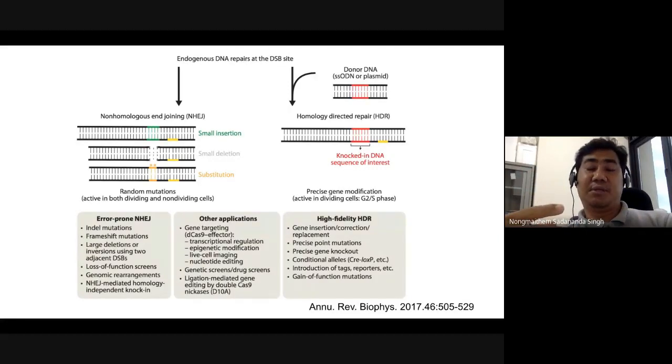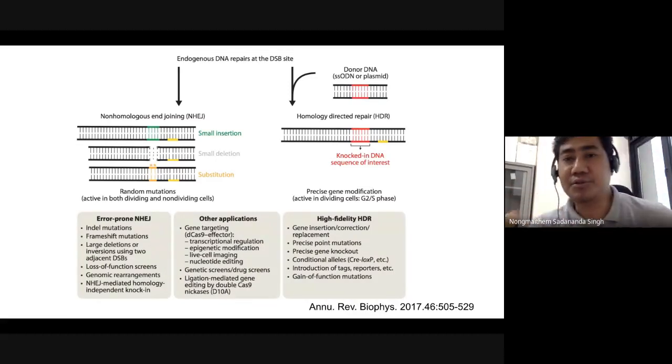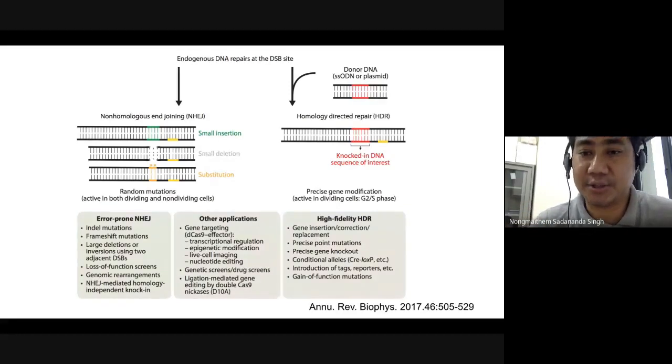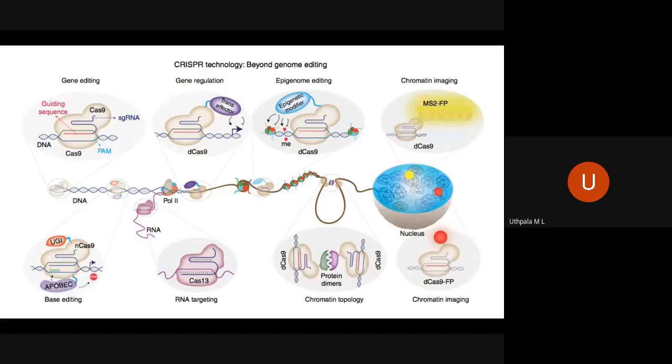Now, because of this premature stop codon, in mammalian systems generally those RNAs are defective and there is a system to check it, so it degrades the RNA. It's more like knocking out a gene. So you can use CRISPR-Cas technology to knock out a gene of interest using that specific targeting of the CRISPR-Cas technology.